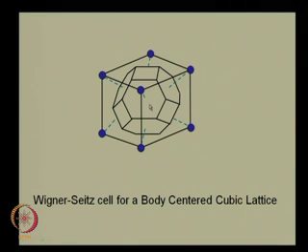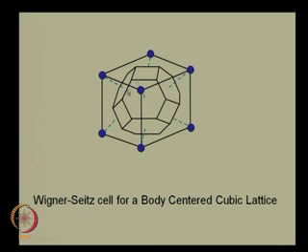So you go halfway into this unit cell, you will get to this body center, you go halfway into the next unit cell, you will get the next body center. Therefore this plane here bisects the line joining those two body centers, of which this small section here becomes the surface of the Wigner-Seitz cell with respect to this lattice point that is in the middle.